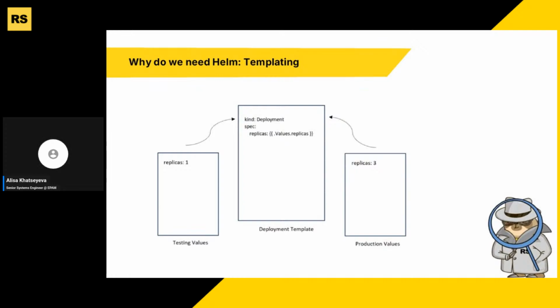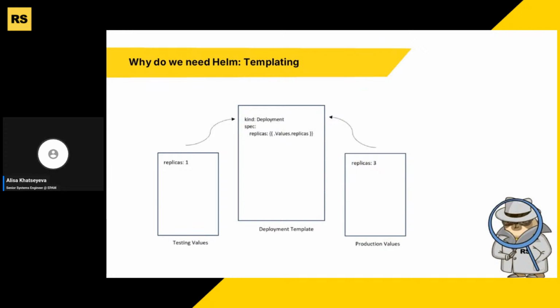Next one, templating, is another reason for using Helm, because when managing multiple Kubernetes environments, such as testing, staging, and production, we always need to deploy our resources with a variety of different specifications tailored to each environment.